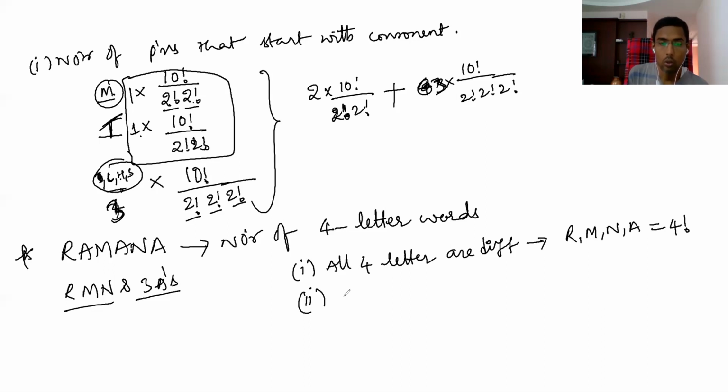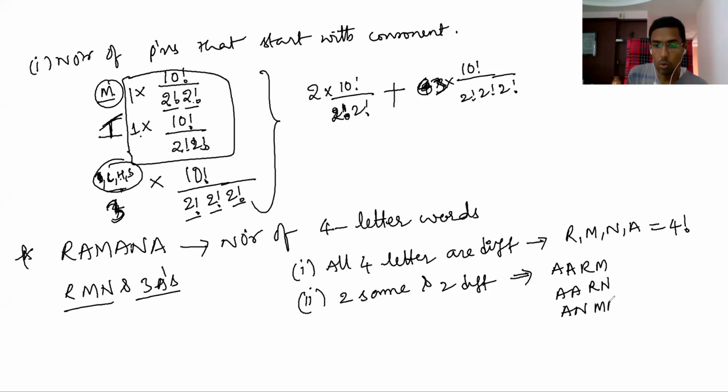So now 2 same. That is 2 letters same, and 2 A's and 2 different. Okay, 2 A's we have to take. What are the possibilities? With A, we can take RM, RN, or MN. These are the 3 cases, and in each case 4 factorial by 2 factorial, that means 3 times into 3 times.